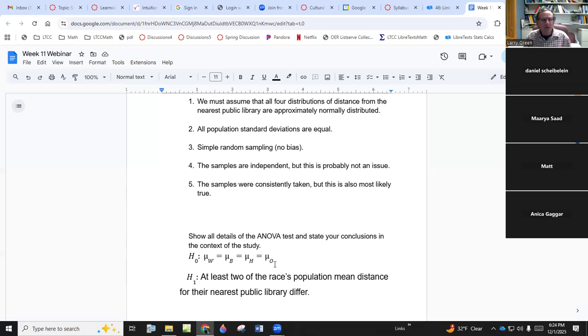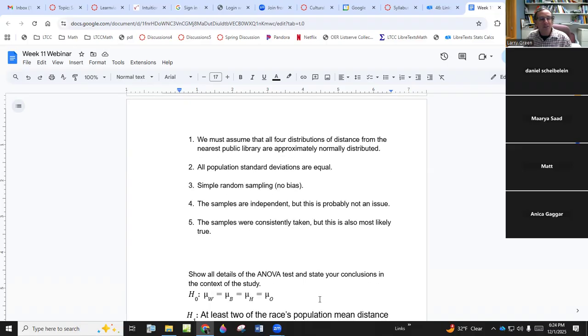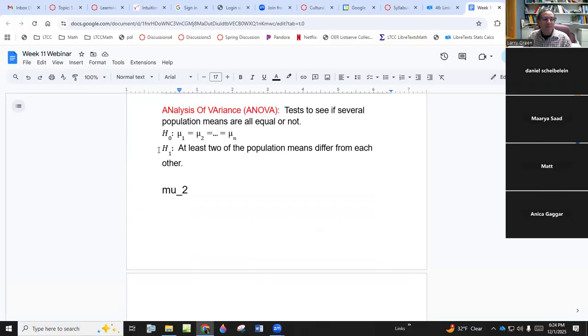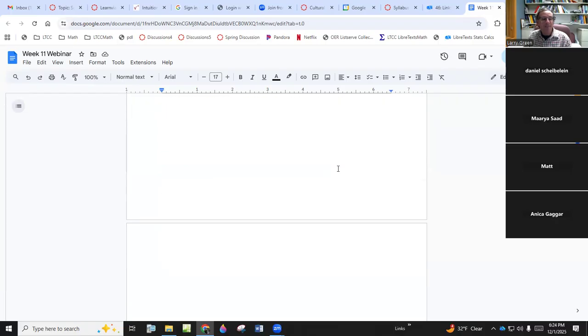Okay, if you know what to do, it's pretty easy. Okay, and then for H1, at least 2 of the races' population mean distance from the nearest public library are different. So notice I took the template, at least 2 of the population means differ from each other.